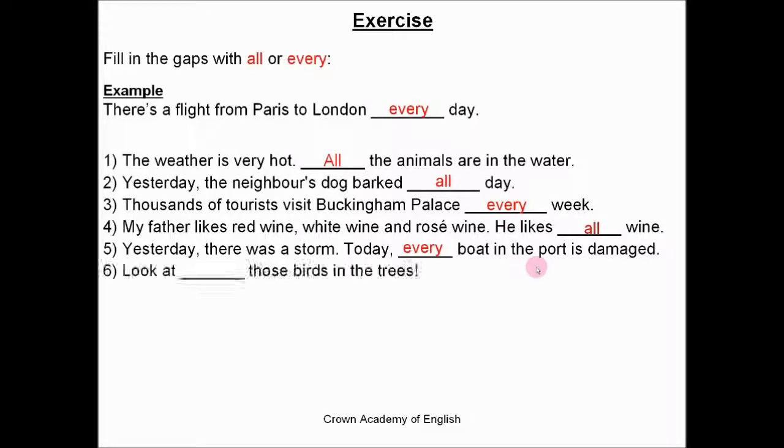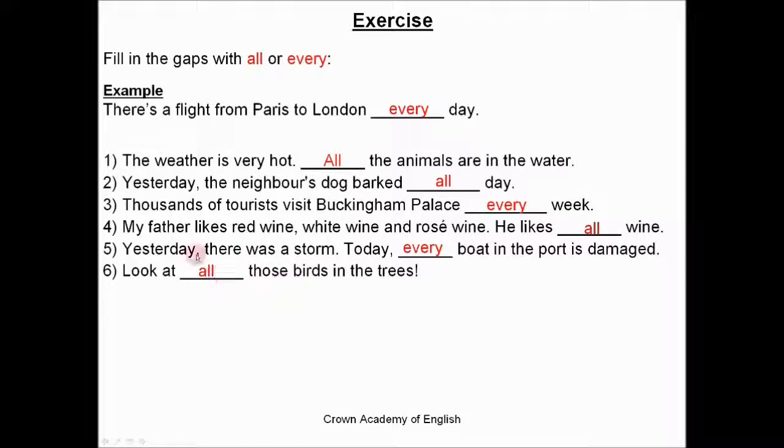Question 6. Look at all those birds in the trees. So it must be the word all, because, well, first of all, it's plural. And second, this is a demonstrative word. We saw that earlier. Because we are using the word those, then we cannot use the word every.